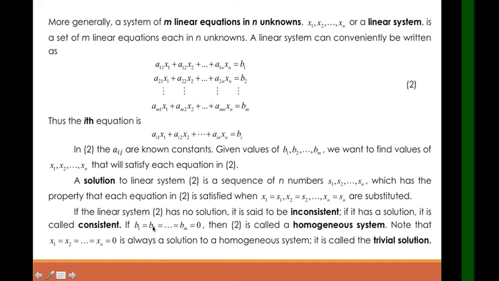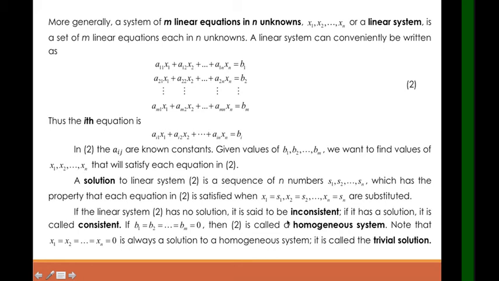If b sub 1 is equal to b sub 2 is equal to ellipses equals b sub m is equal to 0, kung 0 yan, no? 0 yung b sub 1, b sub 2 up to b sub m, then number 2 is called a homogeneous system. Note that x sub 1 is equal to x sub 2 is equal to ellipses equals x sub n is equal to 0, ayan yung mga ganyan, kung lahat sila is equal to 0, is always a solution to the homogeneous system.